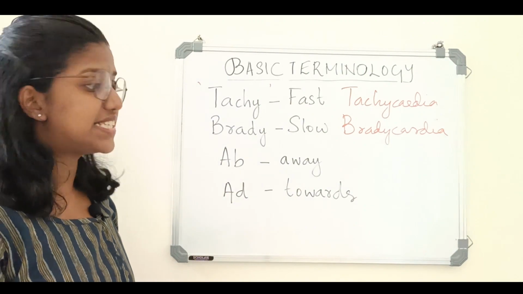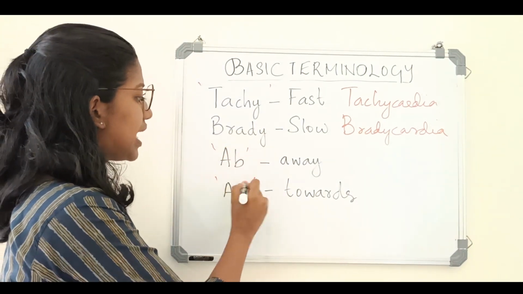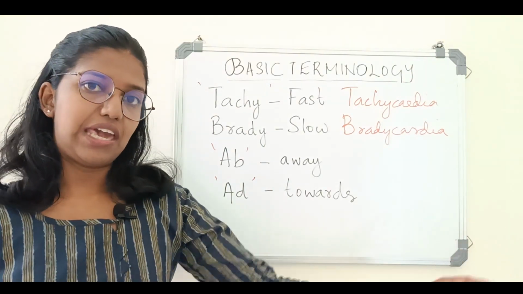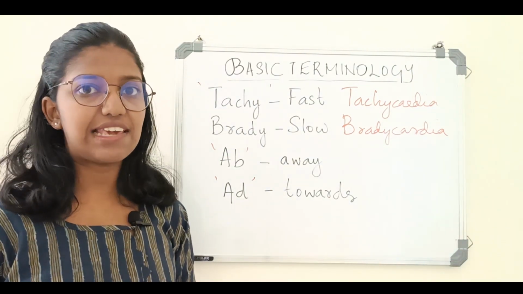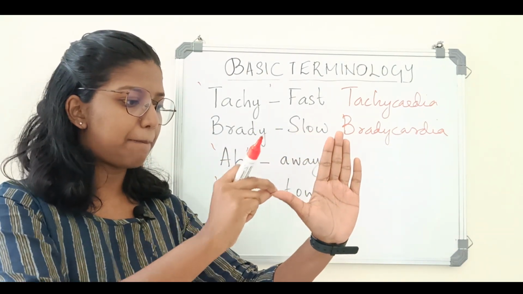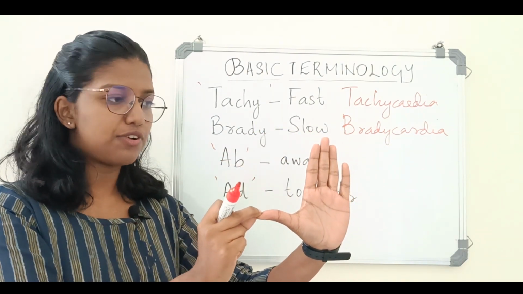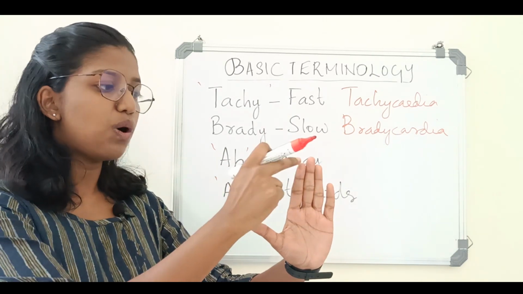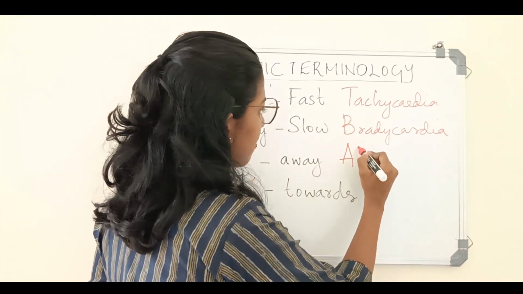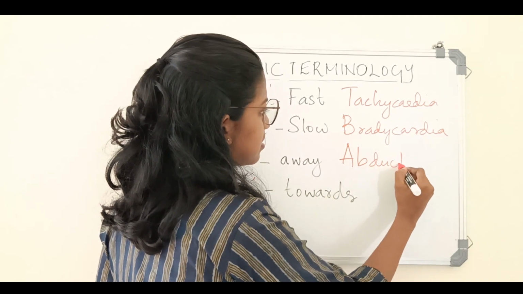We do have the prefixes like ab and ad. Ab means to move away. For example, this is my thumb, right? I have to move this thumb away from the other fingers. So, what do I call this process? Abduction.